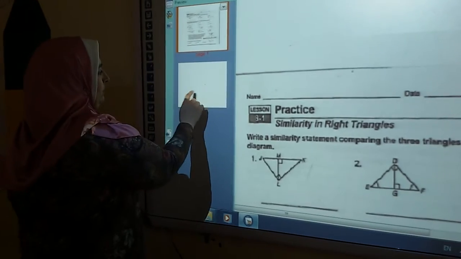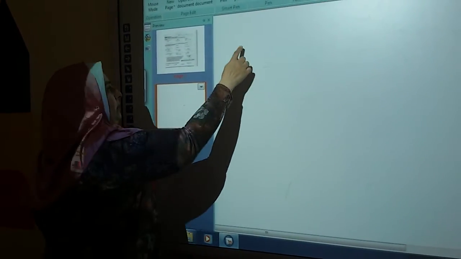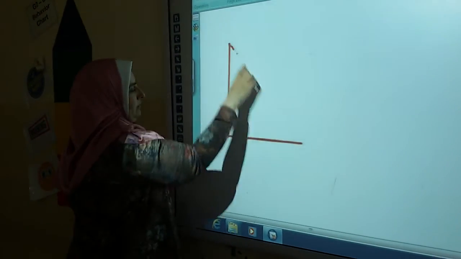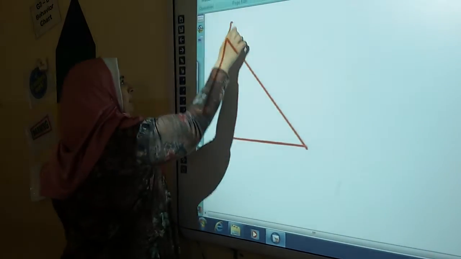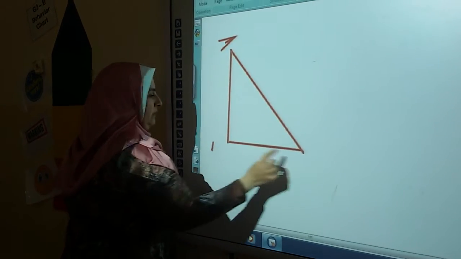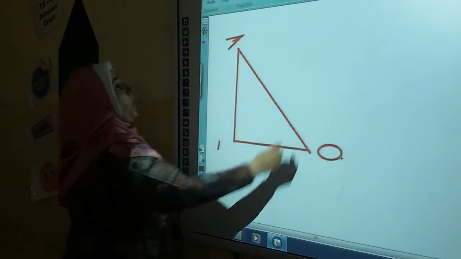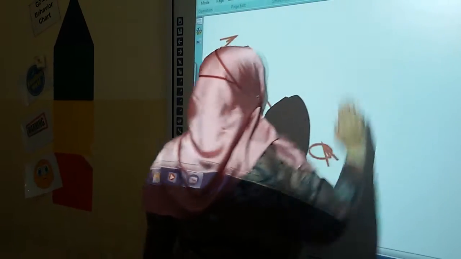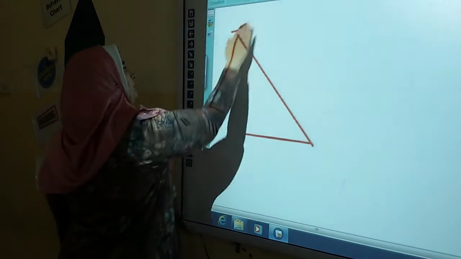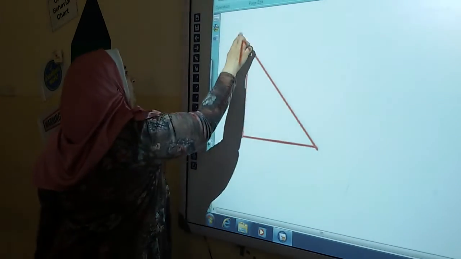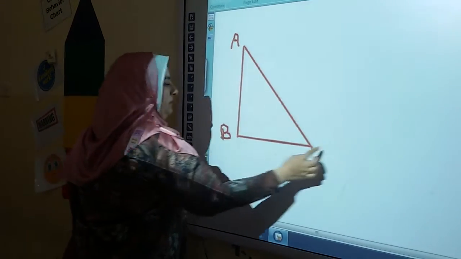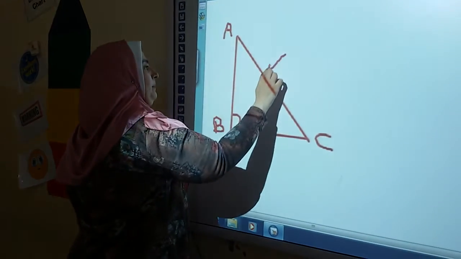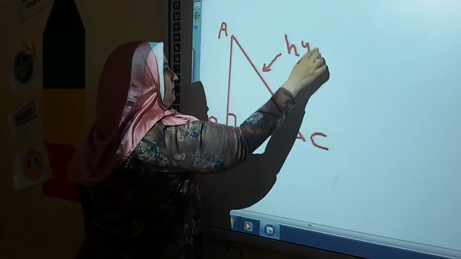Okay? We talked about right triangles before. If you remember, what is the right triangle? If I have a triangle like this, A, B, C, and this is a right triangle, that means this is the hypotenuse.